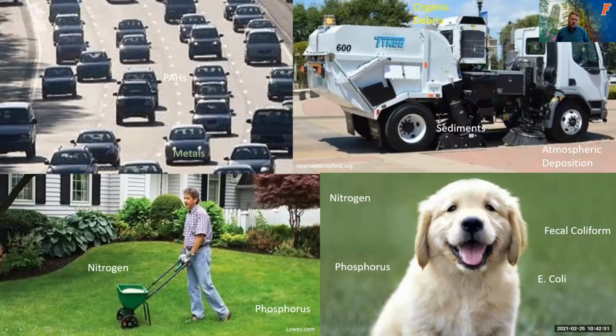When we talk about water quality from urban landscapes, there's several places that the pollutants originate from. We have a lot of the urban roadways where we get metals and PAHs. You might see street sweepers coming through your neighborhood or in the urban areas, taking up sediments, picking up organic debris.